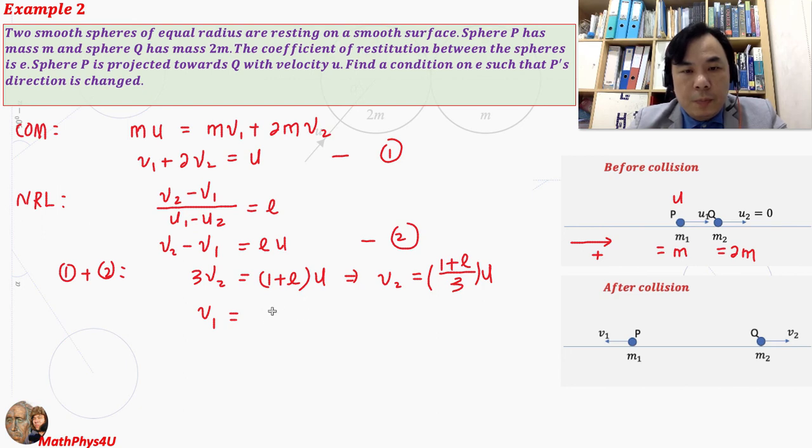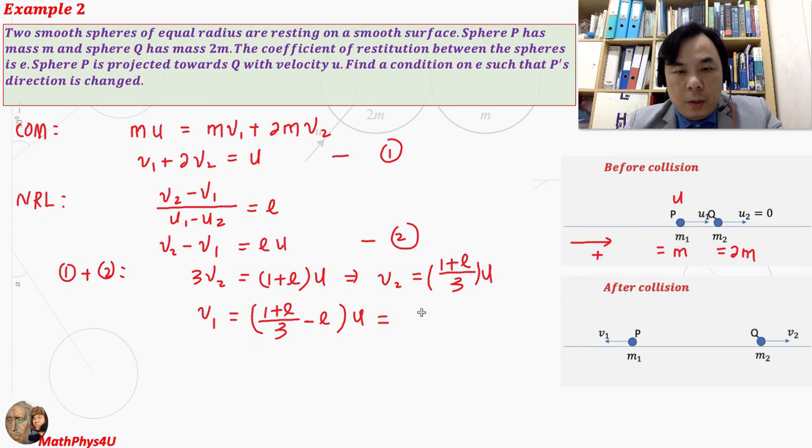That would be (1 plus e) over 3, minus e, u. So from here, I would end up with v1 equal to (1 minus 2e) over 3, u. Let me see whether I got it correct.